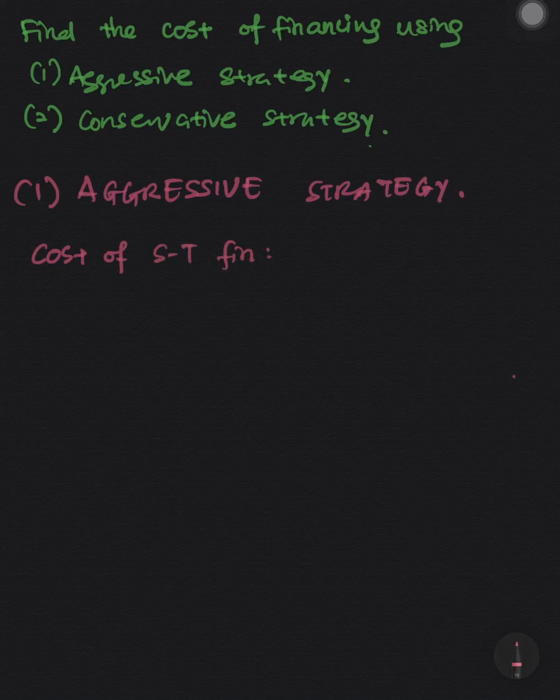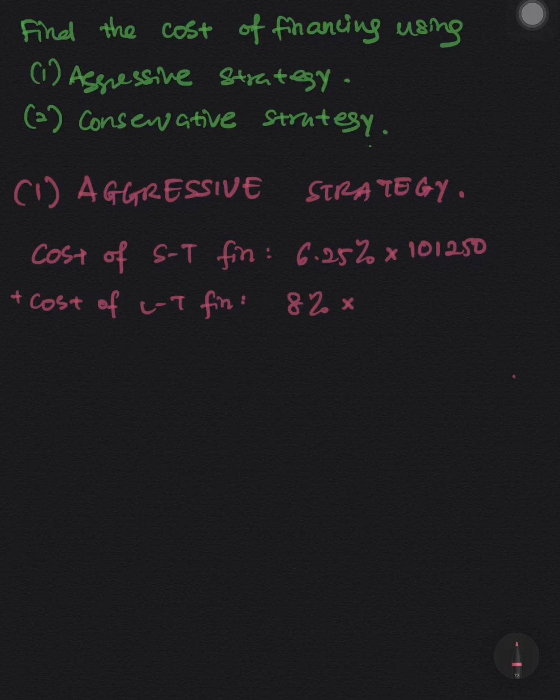Remember, in aggressive strategy, short term finances what? Seasonal period only. So 6.25% multiplied by 101,250, because 101,250 is the funding for seasonal. Then we add the cost of long term financing, so 8% multiplied by the permanent requirement, which is $135,000.